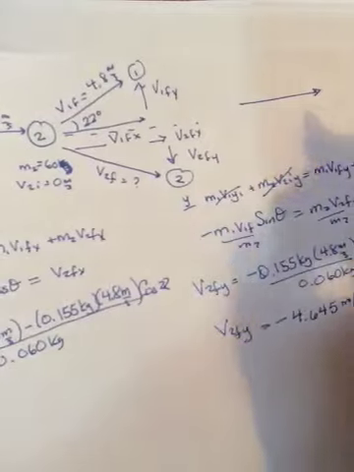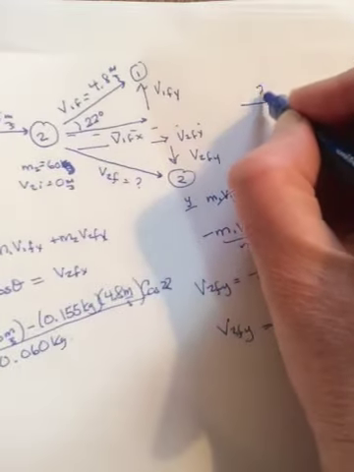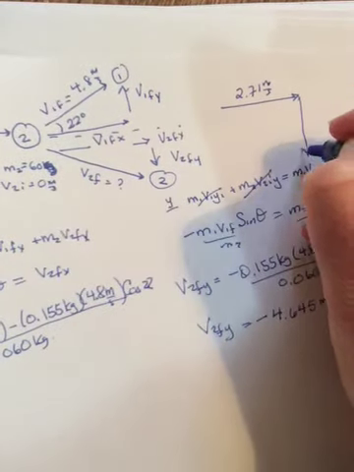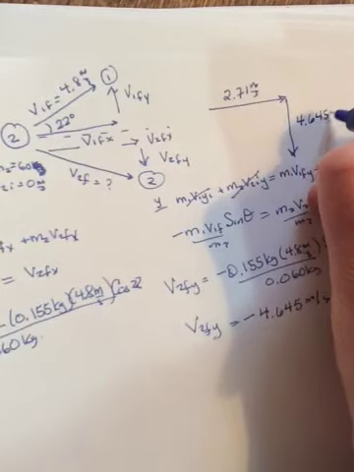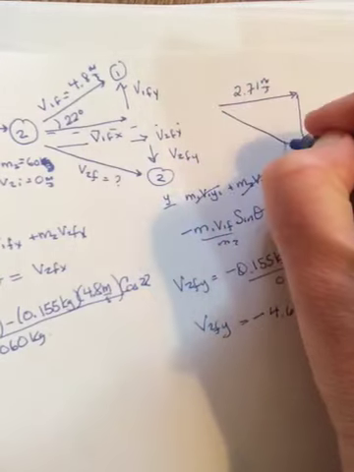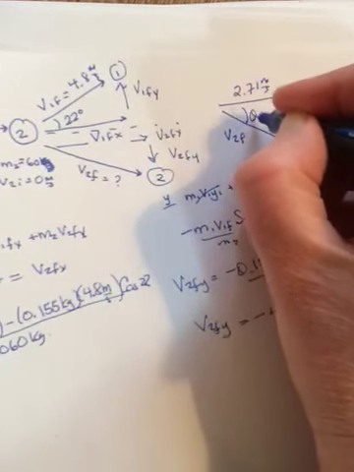So in the x direction, we had 2.771 meters per second. In the y direction, 4.645, and the negative just meant opposite number 1, so going down. So then this will be V2F, and this will be theta.